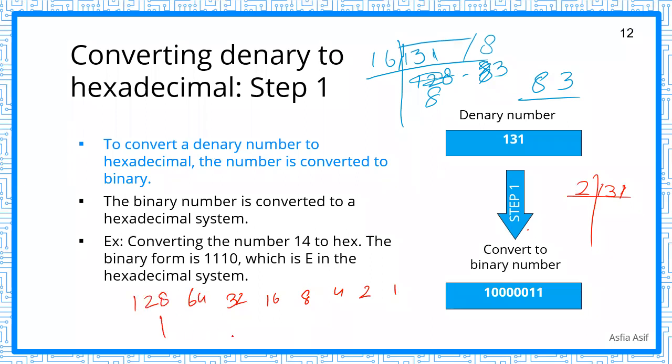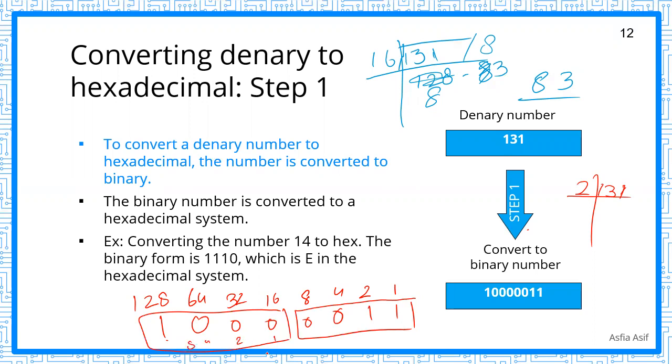So we have 131 minus 128 would be 3, so 1 1. Okay, all the rest are 0. Make it into the group of 4. So this group becomes 1 2 4 8, 8, and this group becomes 3, 83.